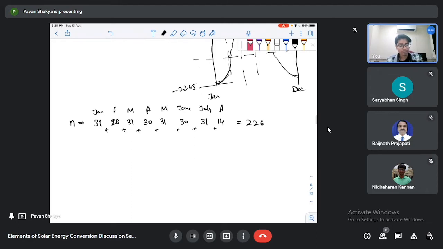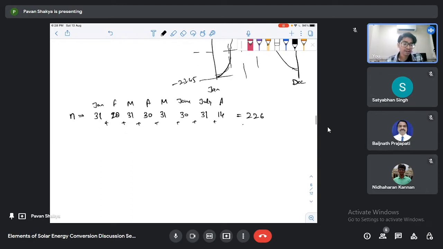So if we are able to get this n value, then we can easily calculate the declination angle, which is given by this formula. Delta is equal to 23.45 sine of 360 times (284 plus n) divided by 365.